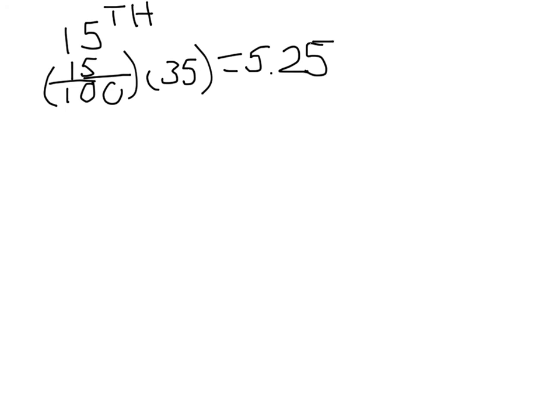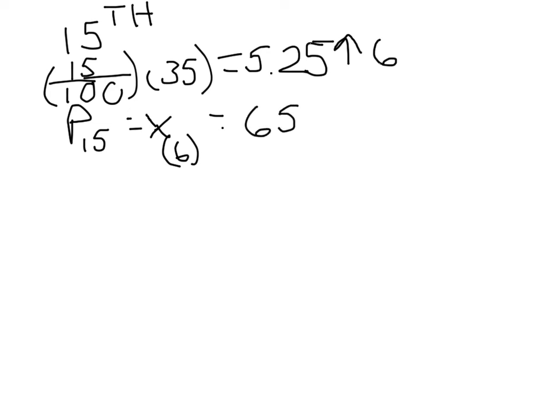Now, even though it just has a small decimal extension, you always round up. So I'm going to round this up to 6, and this tells me that I can find the 15th percentile at position 6. And when I look in my data set, the number value there is 654.